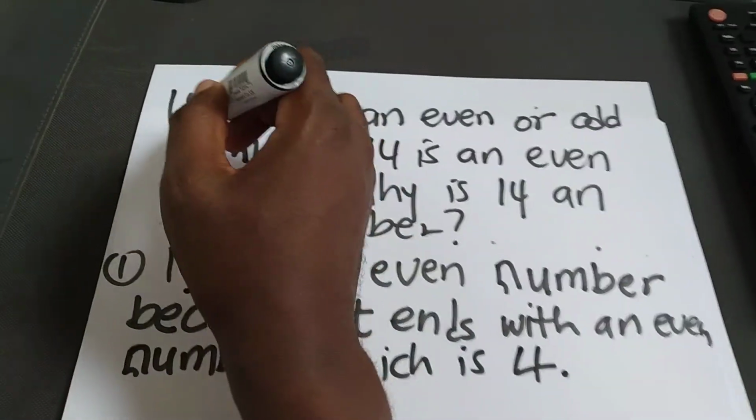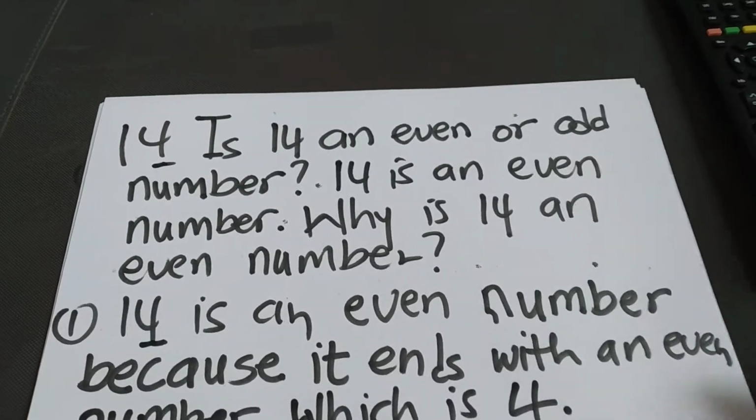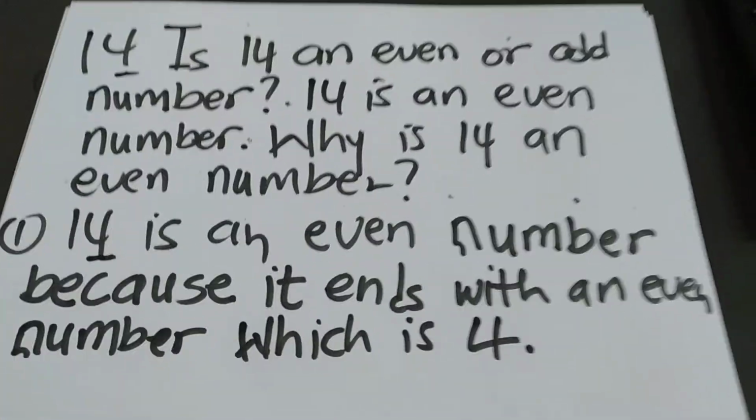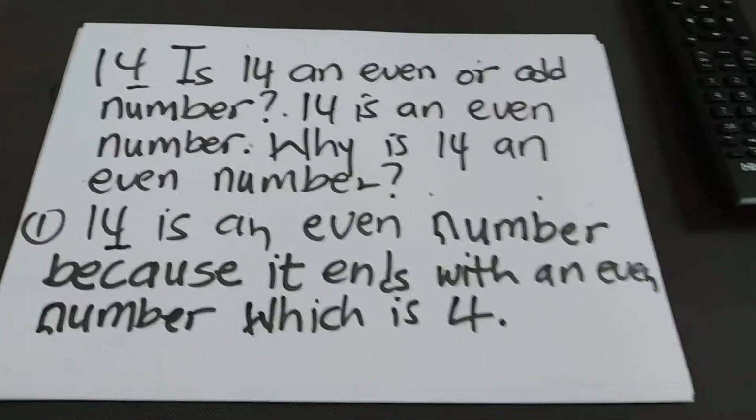So you see, 14 ends with an even number, which is what? 4. Any number that ends with an even number is an even number.